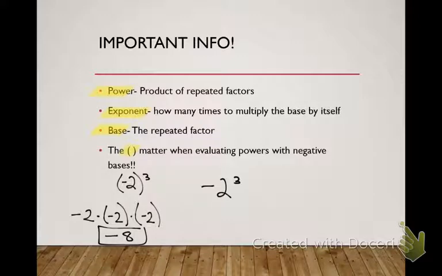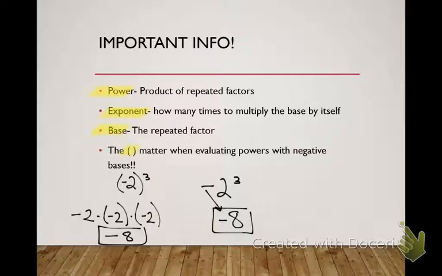Okay, so you kind of pretend like it's not there. What is 2 to the third power? 8. It is 8, and now you just bring down your negative and you make it negative 8. Okay, so when it's not in parentheses, you evaluate the exponent just like normal, but the negative is not involved in that at all.